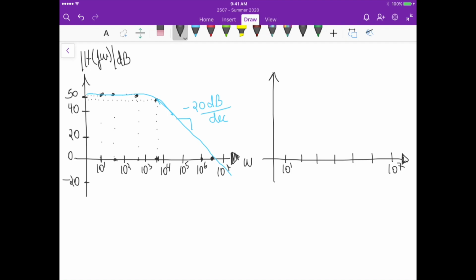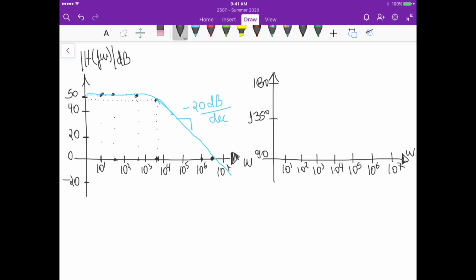So exactly at the 3 dB frequency here, we go from 180 all the way down to 135 degrees, and then here is 90. So 10 to the 2, 10 to the 3, 10 to the 4, 10 to the 5, 10 to the 6.